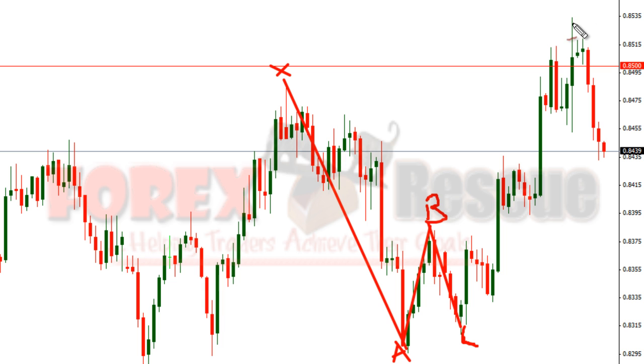Our point D is around, I told you, our potential reversal zone is around 0.8537. 0.8537 is around here.